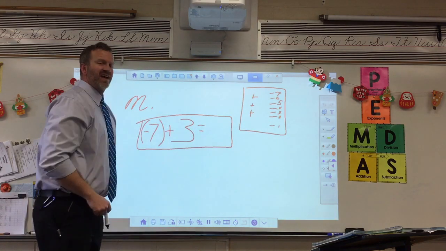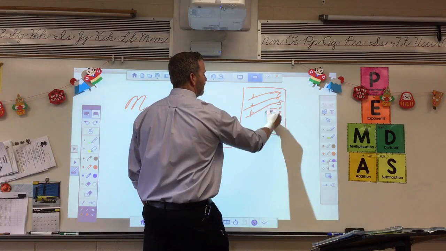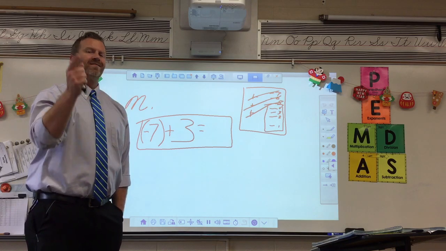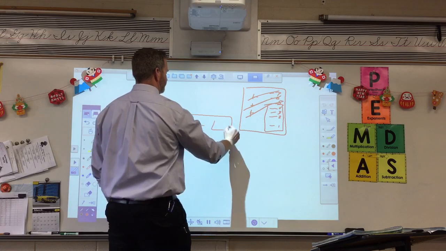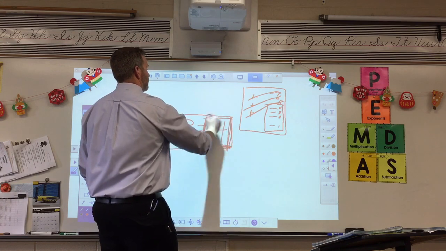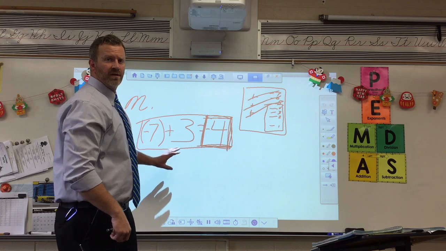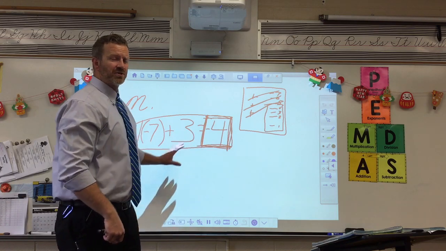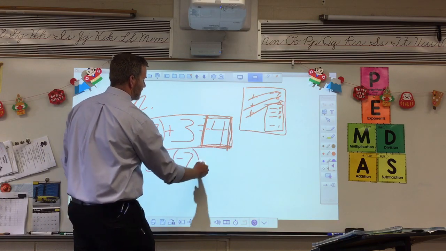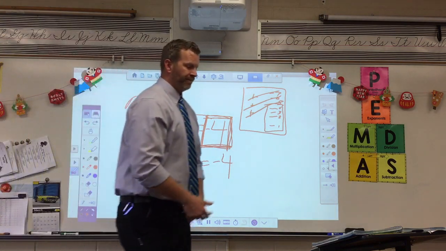So we're going to go -7 plus 3. And then remember, when we crossed these guys off earlier, how many minus signs did I end up with? Bingo. 4. Don't forget to put the minus sign in front. Awesome. So we turned this breakdown into this equation to show what it would look like as an addition problem. You could have also done it this way. This way also equals the same answer. If you did it this way too, both ways totally fine.